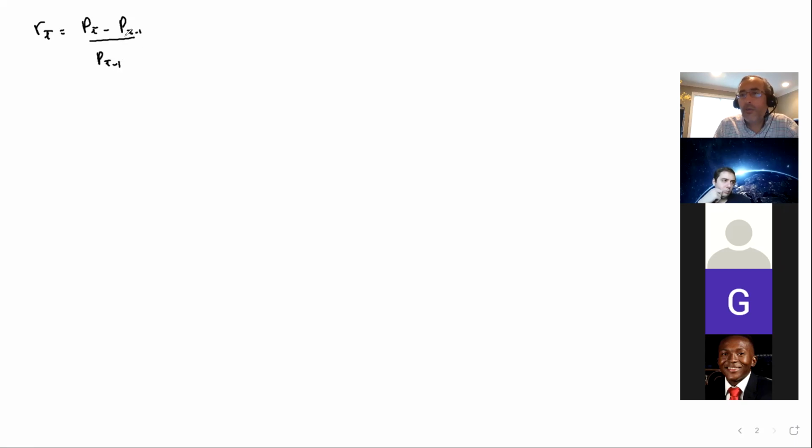This is the normal return that we always use. And the D log return, let's call it Rt star, is simply log of Pt over Pt minus 1. Remember this is a natural log, so let's call it ln: ln of Pt minus ln of Pt minus 1.